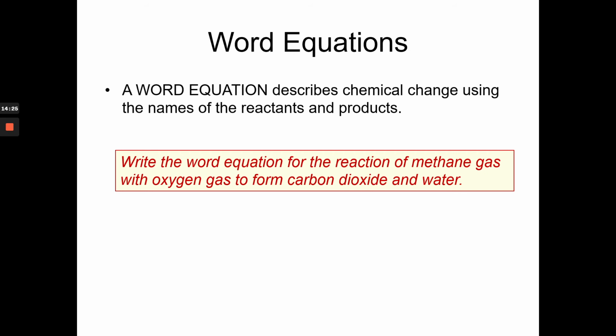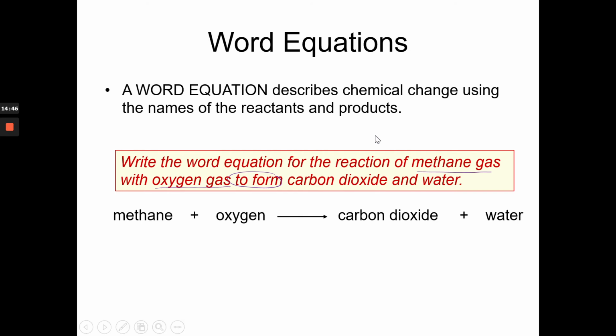So it looks like we're reacting methane plus oxygen. So it says reaction of methane gas and oxygen, that with means plus, to form, well, the phrase to form means arrow, and then we're forming carbon dioxide and water. That is the word equation.